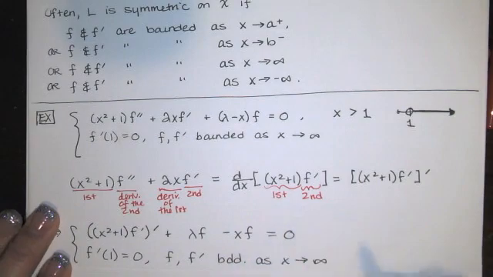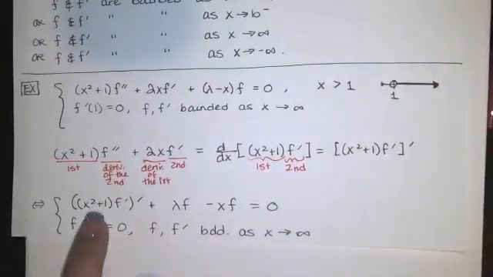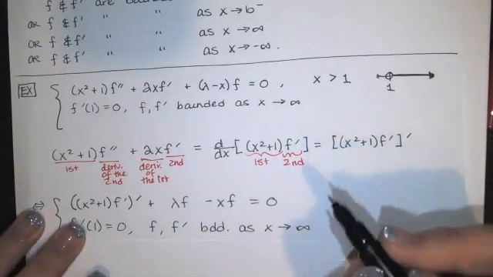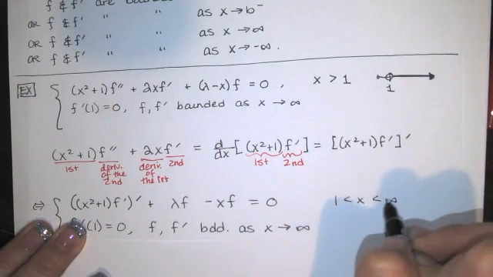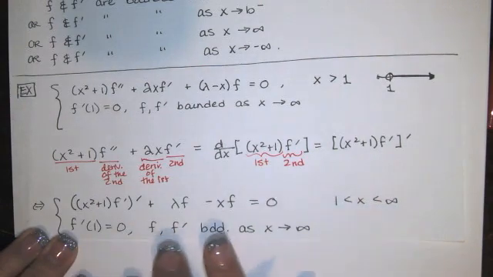Now it's looking closer to this. I can see that my P of X is X squared plus 1, and X squared plus 1 is clearly positive all the time, and it's definitely positive for X between 1 and infinity. It's positive for all real numbers anyway.